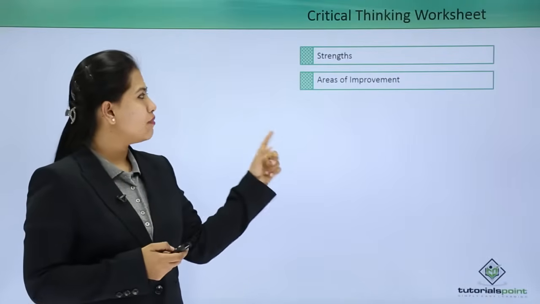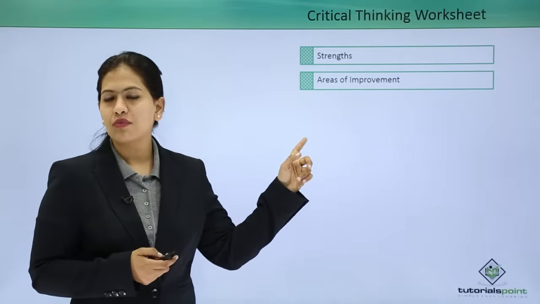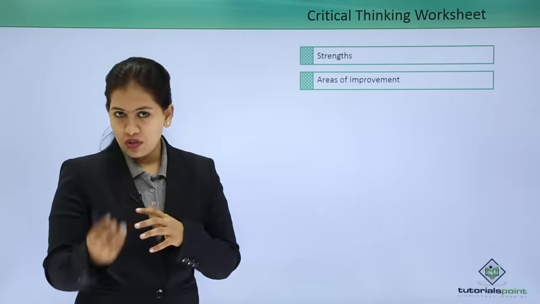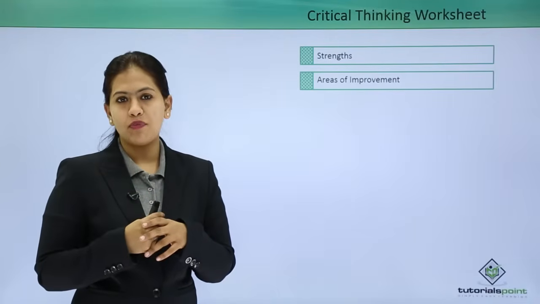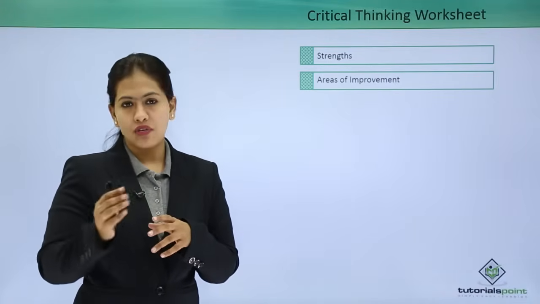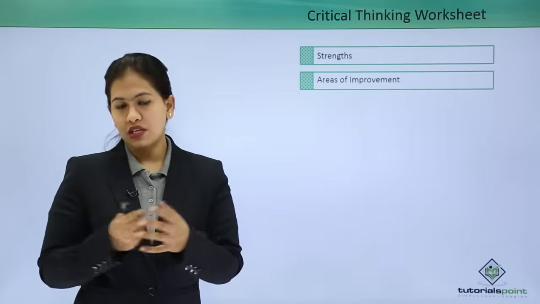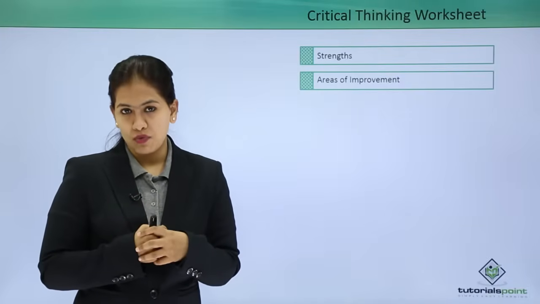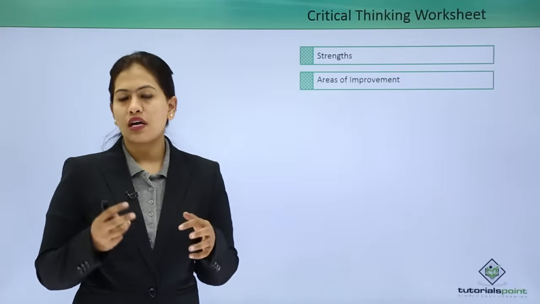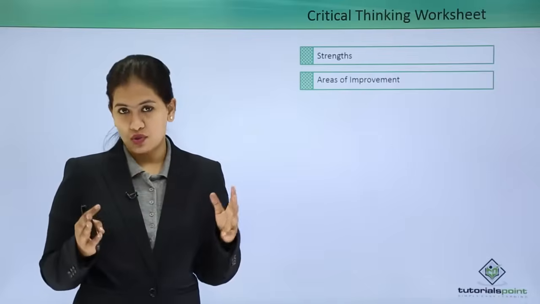So these things have been linked thoroughly to critical thinking, because if you cannot work on areas of improvement and development, it is very, very difficult to be a critical thinker. Not just your areas of development have to be worked on, but the other thing to look at is you have to move out of your comfort zone.